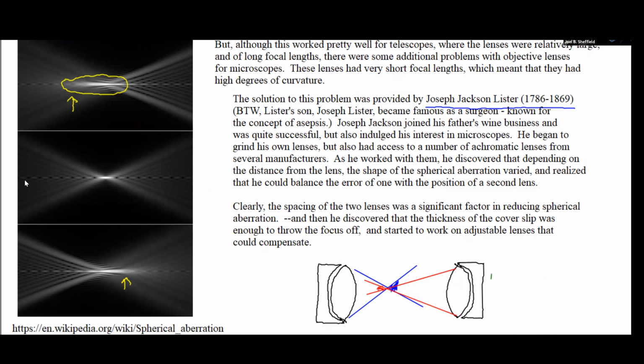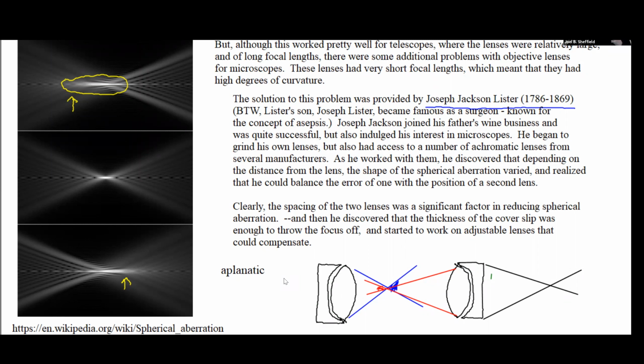And then what you end up with, as you might expect, is light that's actually brought to a sharp focus. The term for this kind of lens is aplanatic, which means it's basically corrected for spherical aberration.